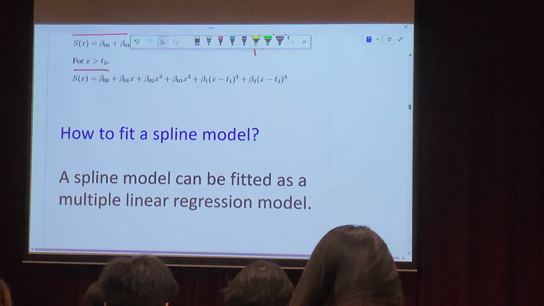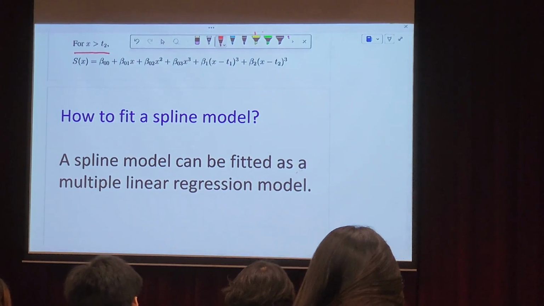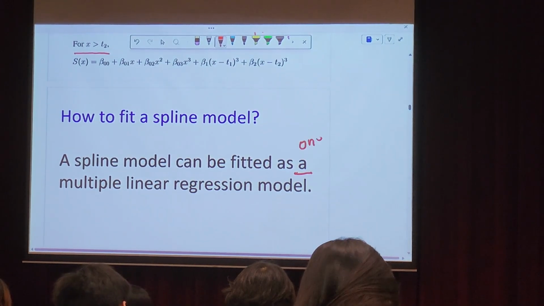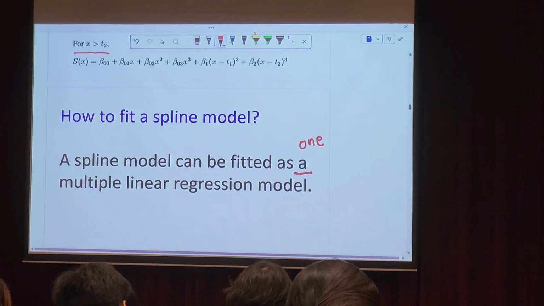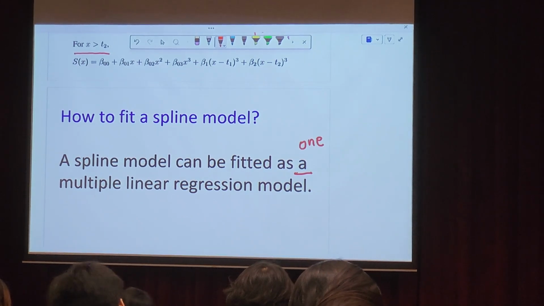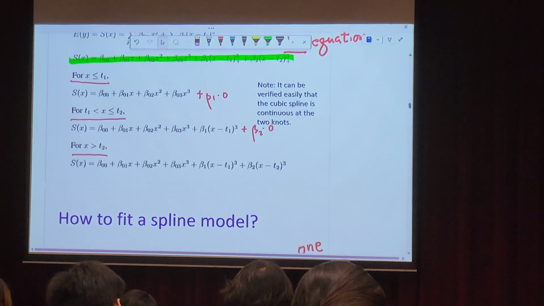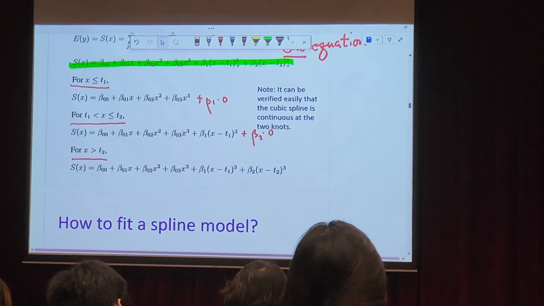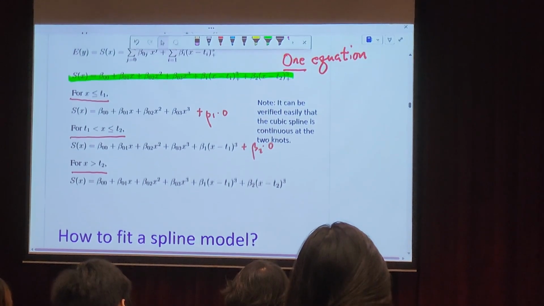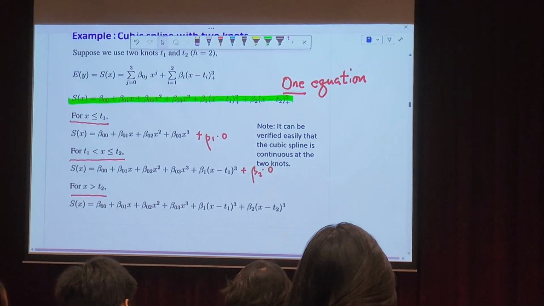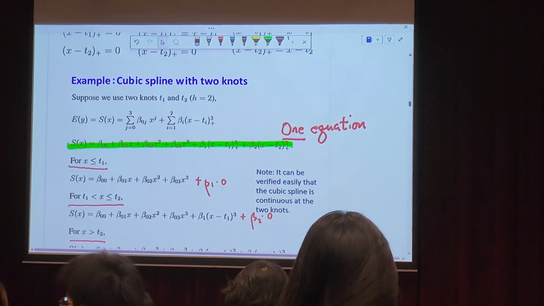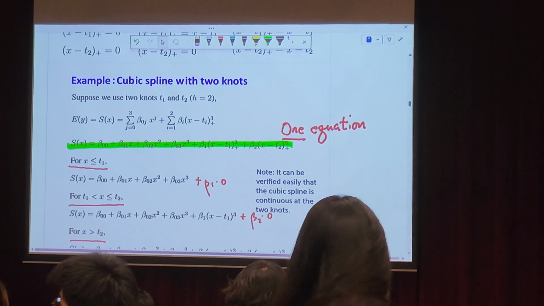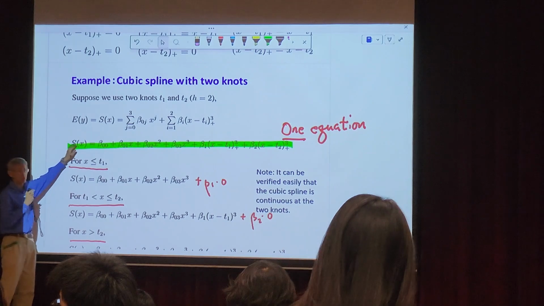And means 1. So what that means is a spline model can be expressed as one multiple linear regression model. Because we need 0, for x less than t1, and for x between t1 and t2, we need another 0 here. That's why we need the plus notation. Nonetheless, this is one equation.